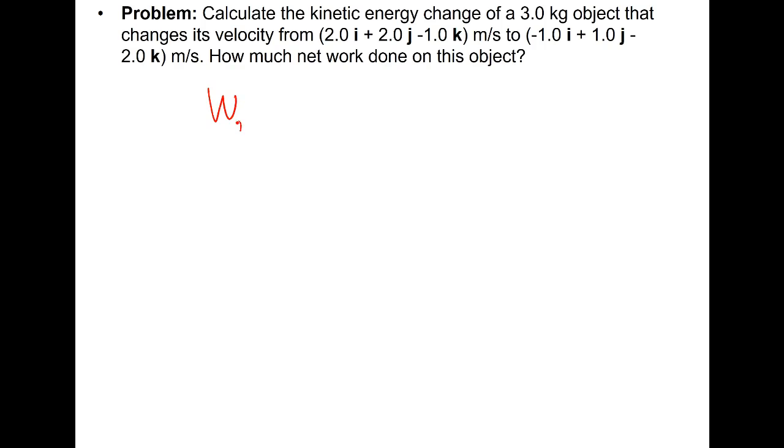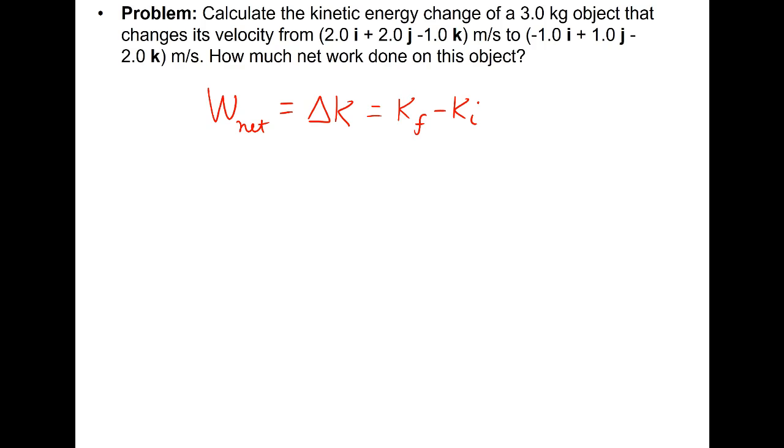Okay, so the total work done is equal to the change in kinetic energy. So the kinetic energy change is synonymous with net work, and that's going to be K final minus K initial.